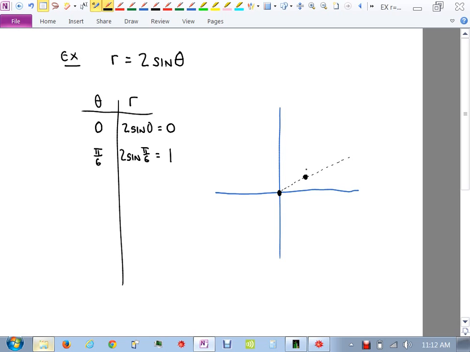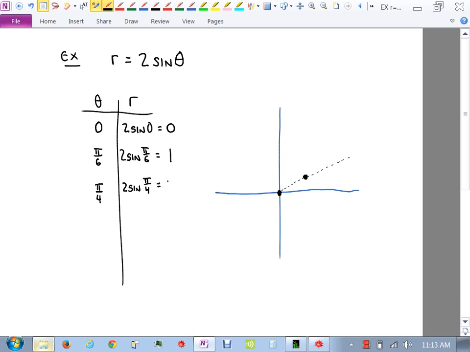Now let's go one more before we go pi over 2. Since we did pi over 6, let's go either pi over 4 or pi over 3. It doesn't matter to me. Do y'all care? Let's do pi over 4. What's 2 times sine of pi over 4? Well, sine of pi over 4 is root 2 over 2.